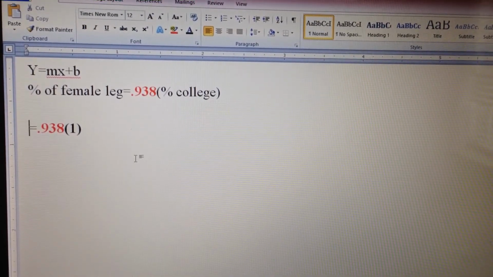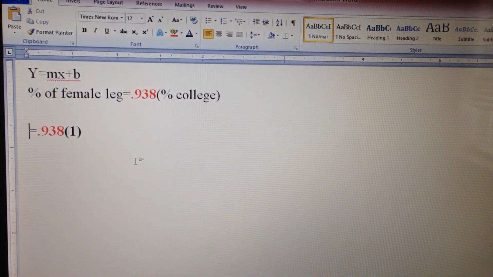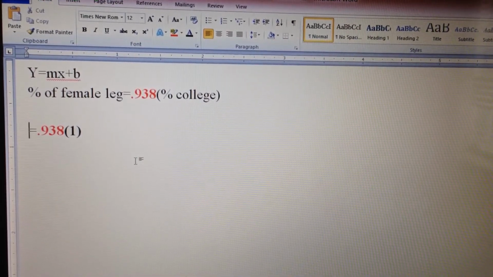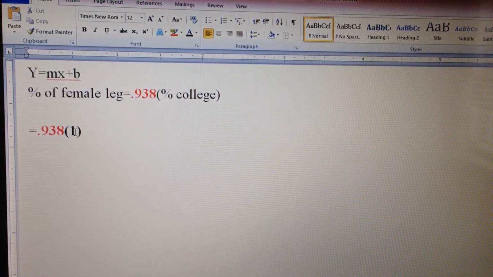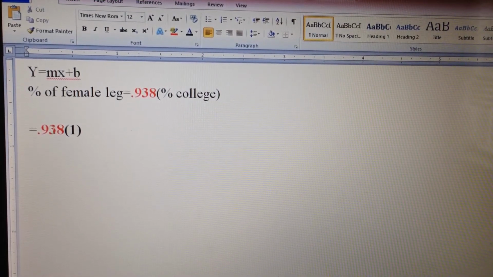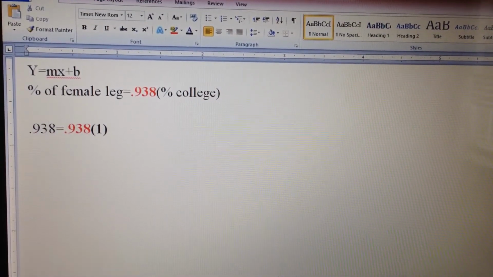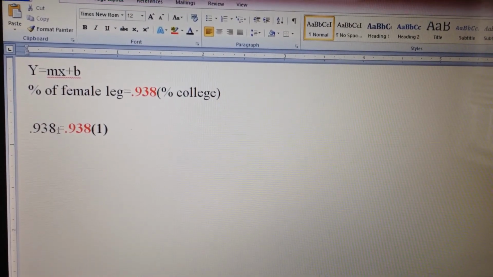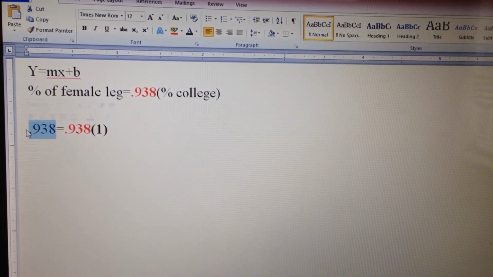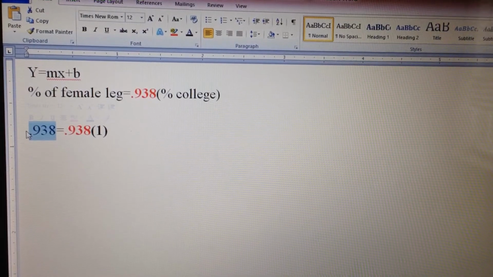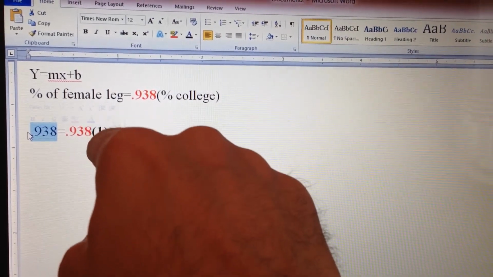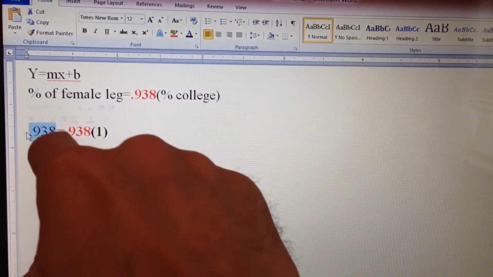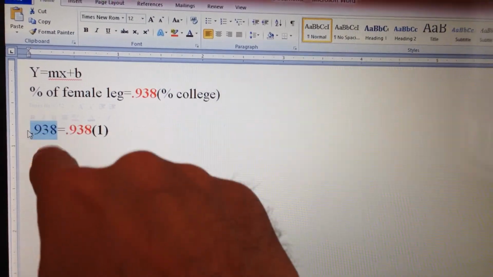If we want to know how many female legislators that predicts, we take the 1% in Pennsylvania that went to college and multiply it by this 0.938. So that means the 1% in Pennsylvania is going to be associated with 0.938 female legislators in the state house.